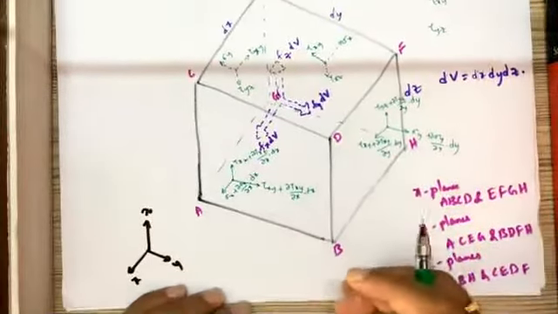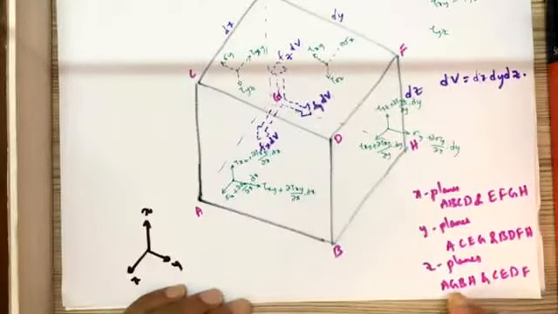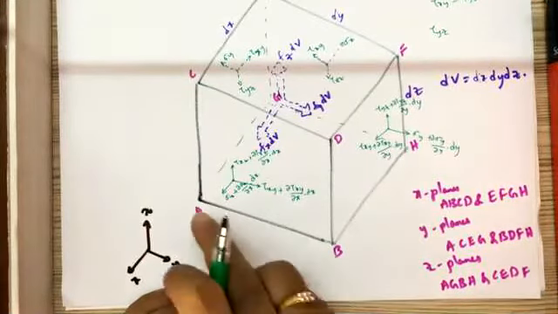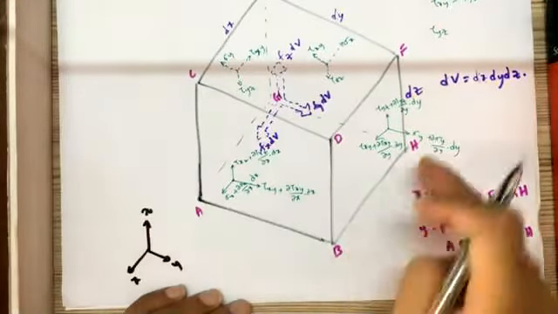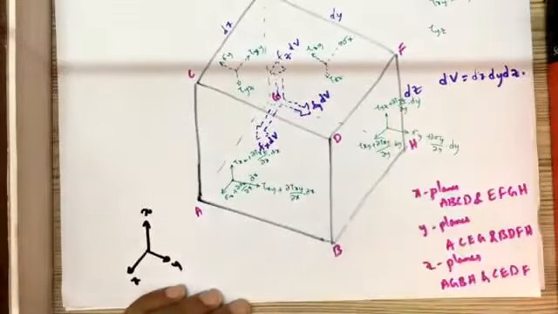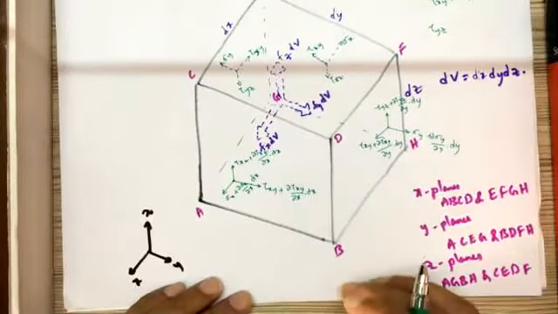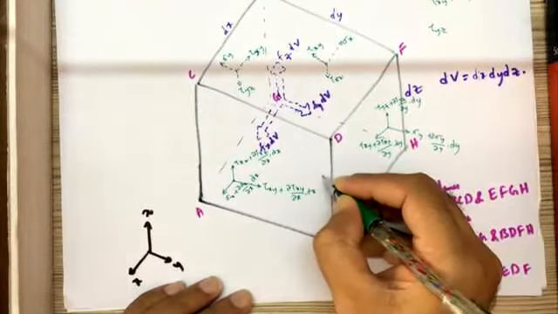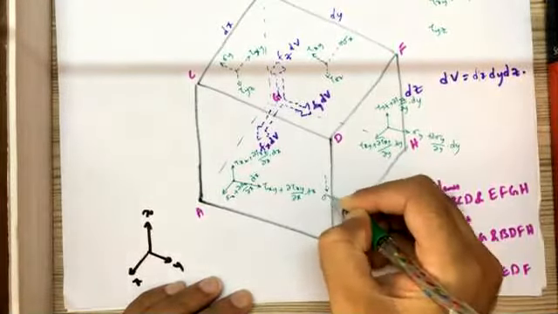Now z planes. What are the two z faces? AG, BH and CE, DF. Bottom and top faces. Now the bottom face, let us consider this as sigma z.